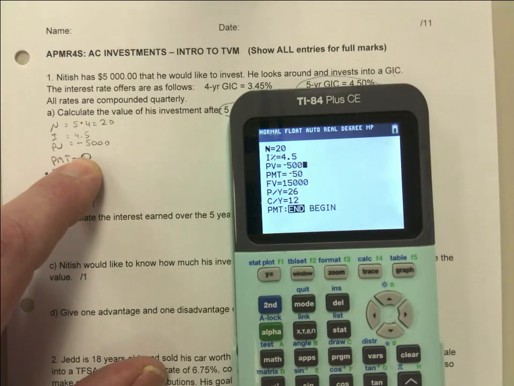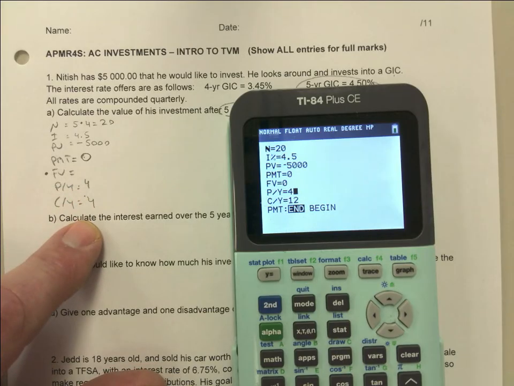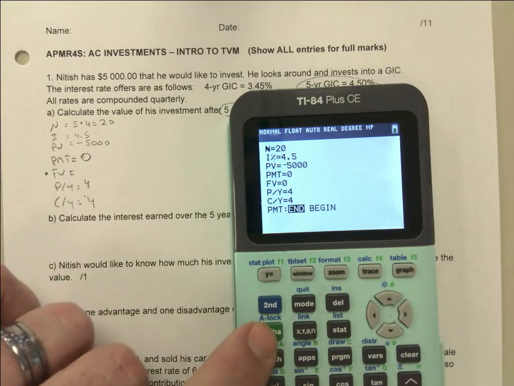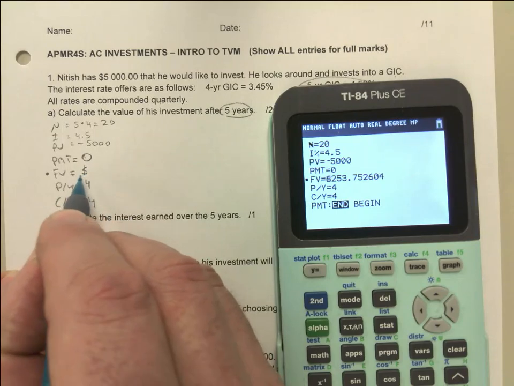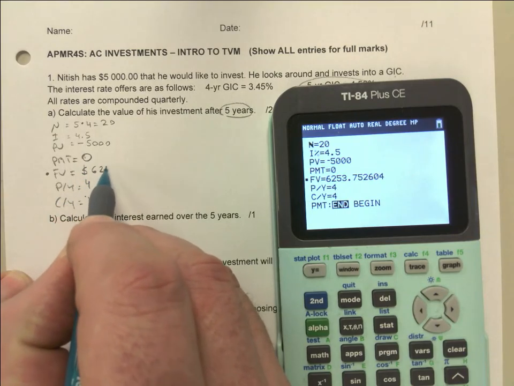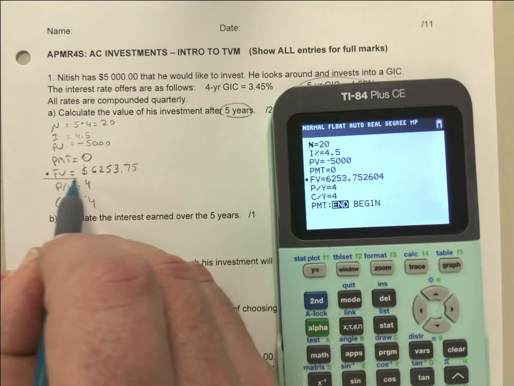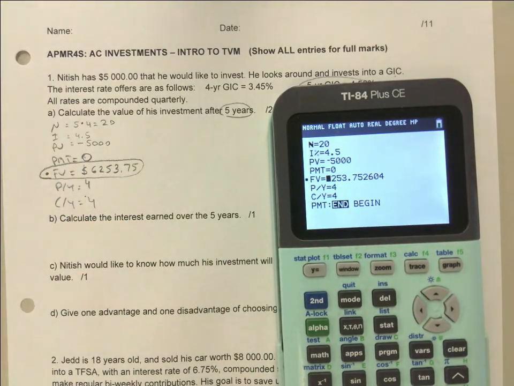Negative 5,000, 0, what we're solving, 4 and 4, right? That's perfect. We go to future value, alpha, enter. And if you want to just have your answer here, make sure you have a dollar sign. So that's my answer, and it has a dollar sign.